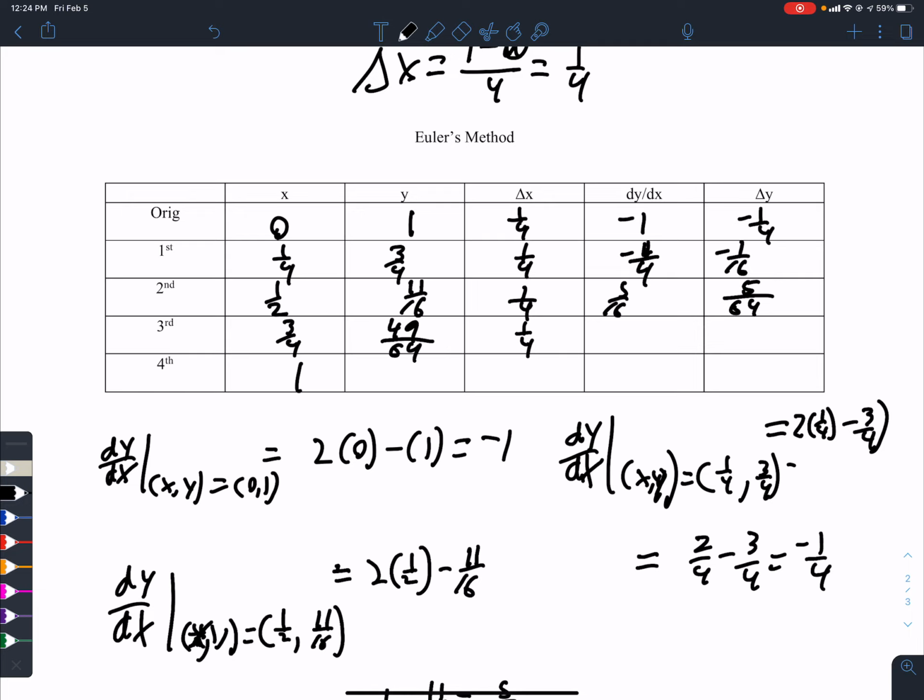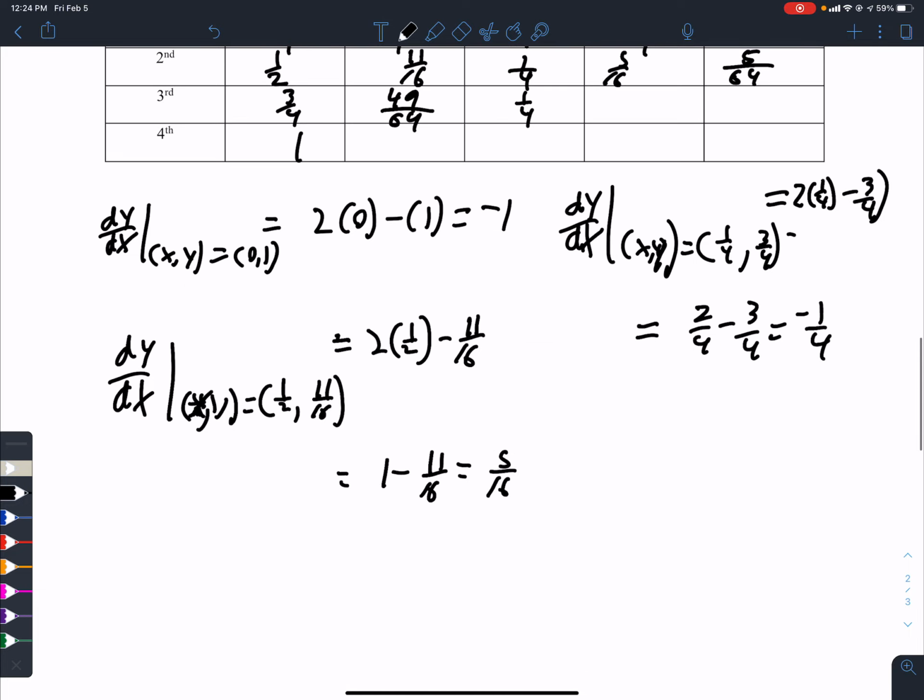Usually they don't have ugly numbers like this, so bear with me. I just made this problem up randomly, and it's not so pretty. All right, so our new x, y is 49/64 and 1/4.